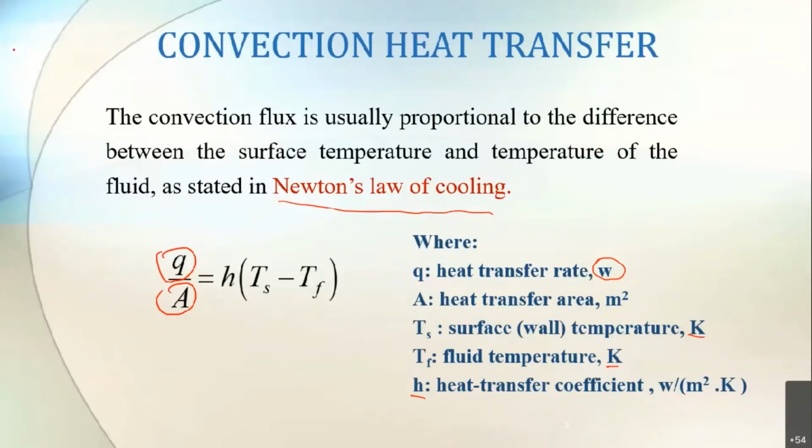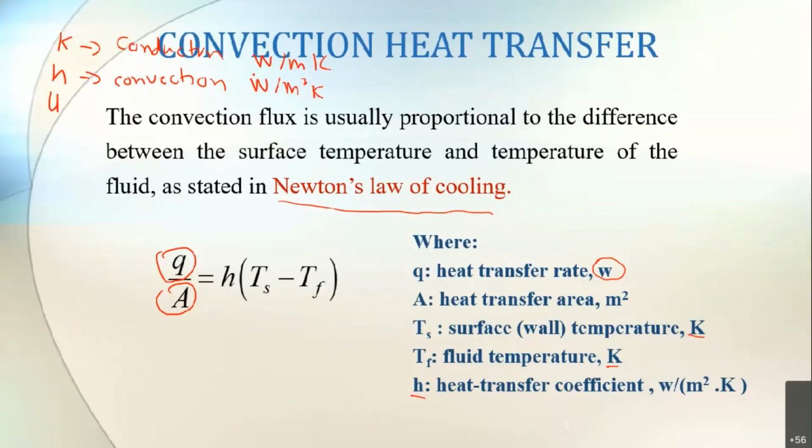Remember, I mentioned to you in the first class and second class, we are focusing on k, h, and U. k is related to conduction, and now h, which we are introducing today, is related to convection. The unit of k we know is going to be watt per meter Kelvin, but the unit of h is going to be watt per meter squared Kelvin.